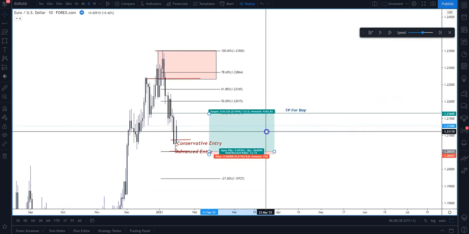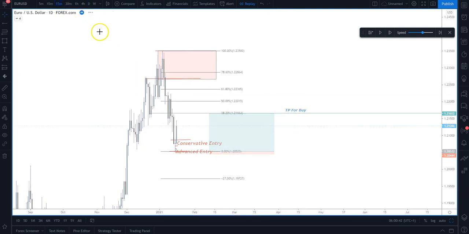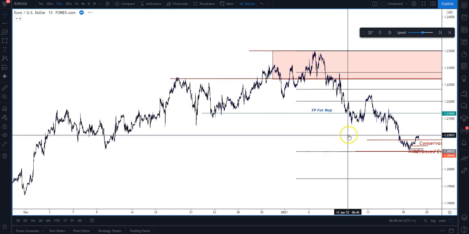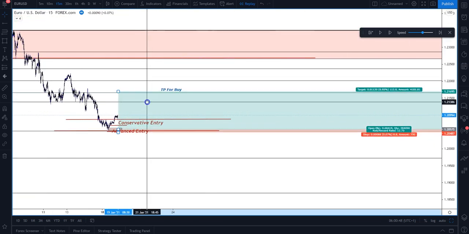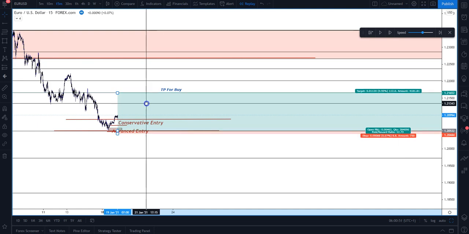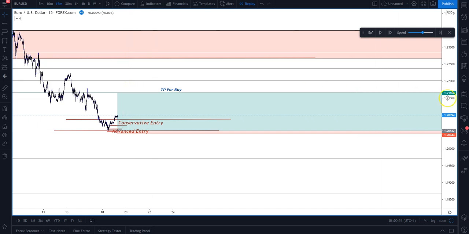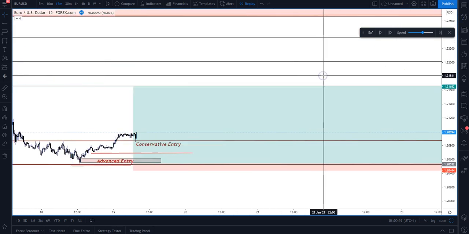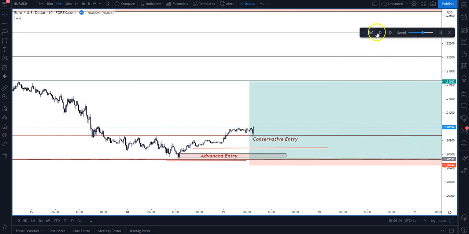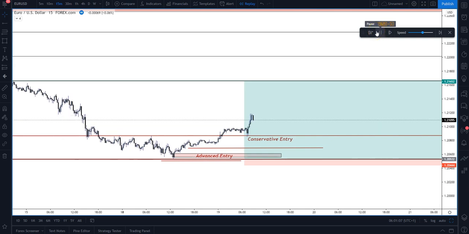Let's put you right here so you can see you. 15 minutes. So our target is right here for the 38.2%. Let's see what happens. Let's see if it hit any of the stop losses.